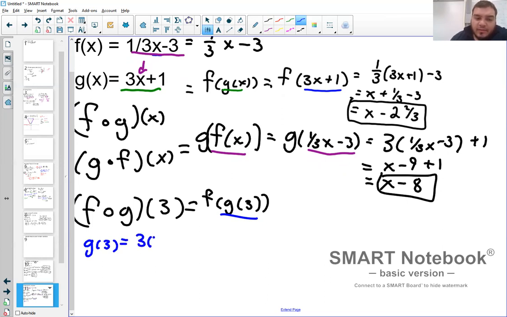So 3 times 3 plus 1, which means g of 3 is 10. So from here, I'm going to replace g of 3 with 10. Now I have f of 10. I'm basically doing the same thing. Take the 10 over here and plug it into every x over here. So 1/3 times 10 minus 3.